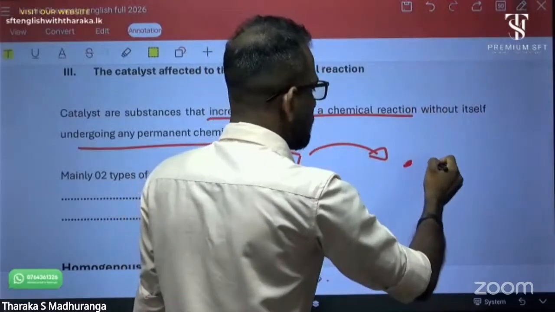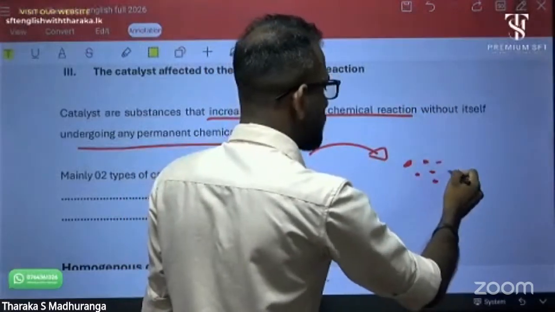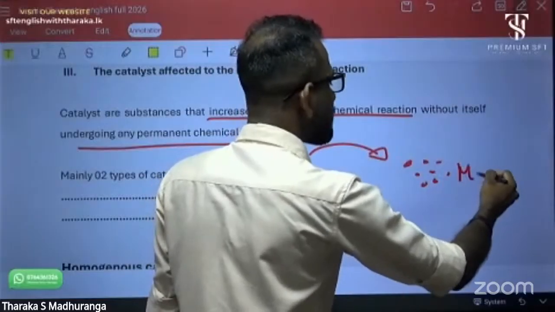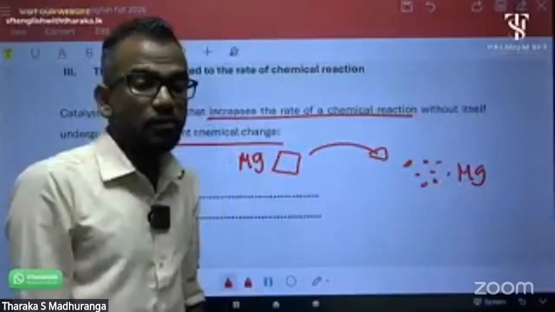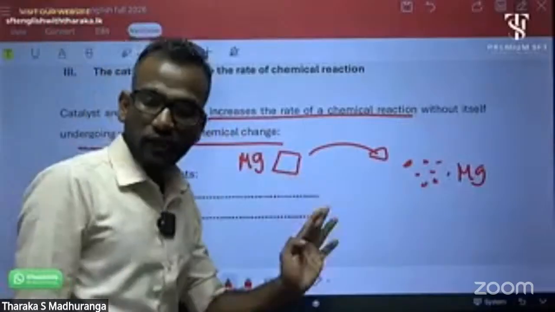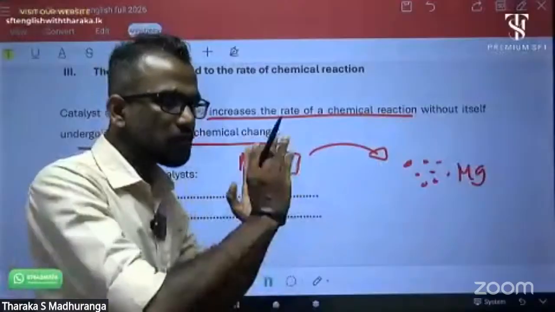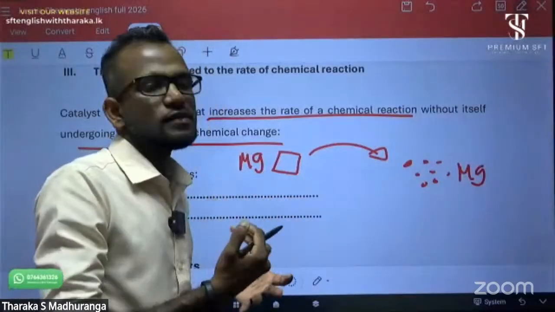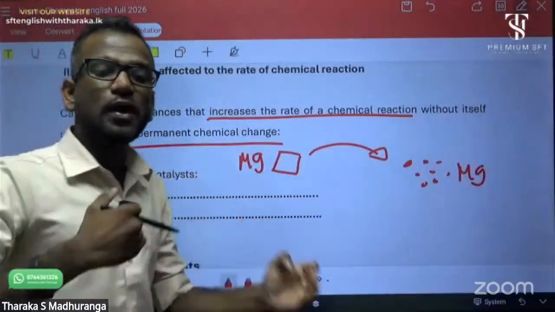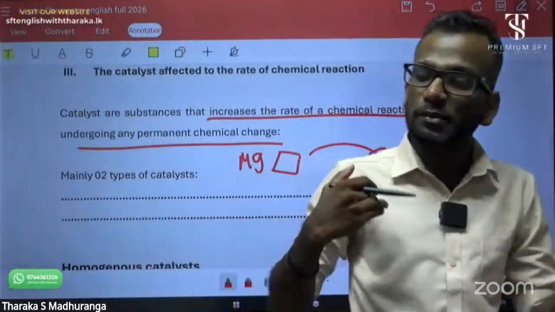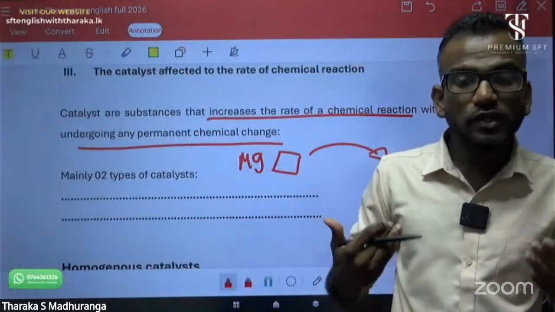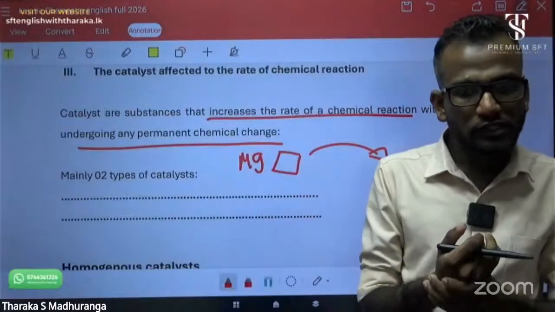But no chemical changes. Powder means it's still magnesium powder, not magnesium oxide or magnesium hydroxide, right? No chemical changes. Okay, they are the catalysts. Catalysts are substances that can increase the rate of chemical reaction without participating in the reaction, without any chemical conversions, without any chemical changes. I got.